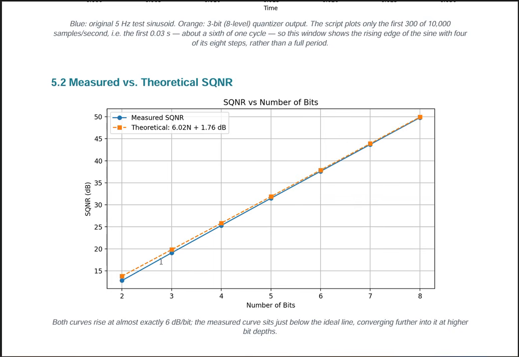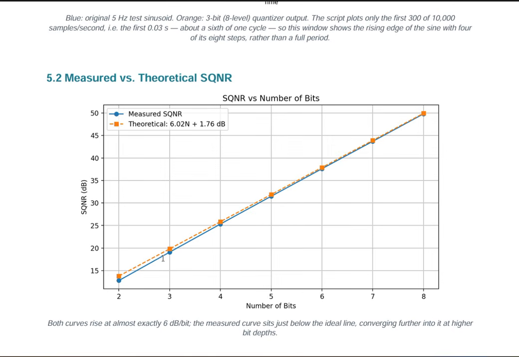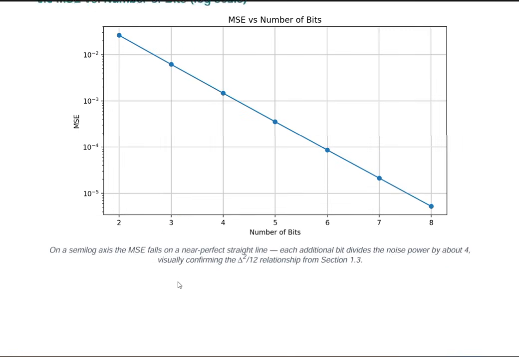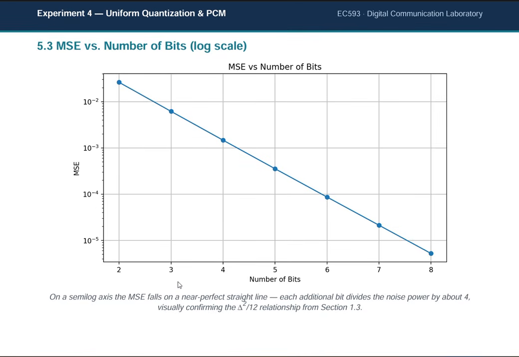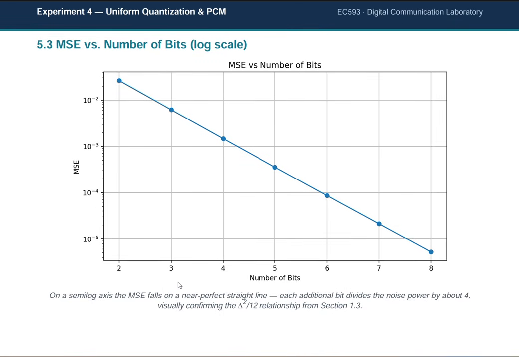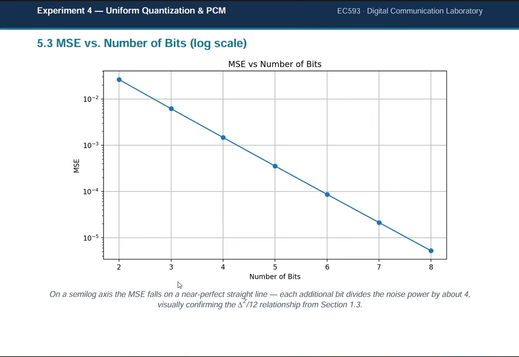The last graph shows MSE versus number of bits. Here the MSE decreases as we increase the number of bits. So basically, more bits means more levels, smaller step size, less quantization error, and better signal quality.